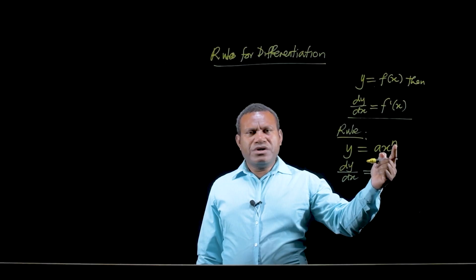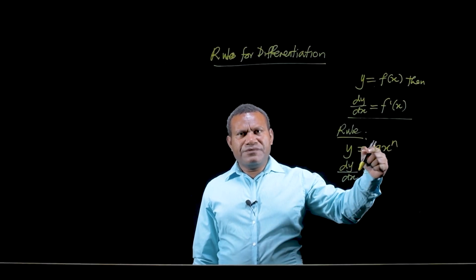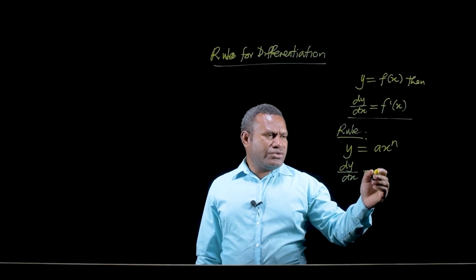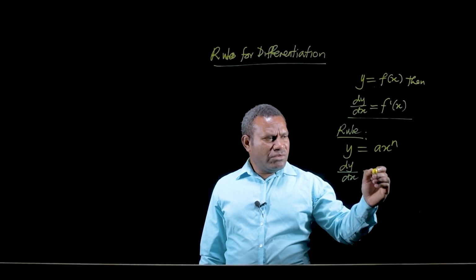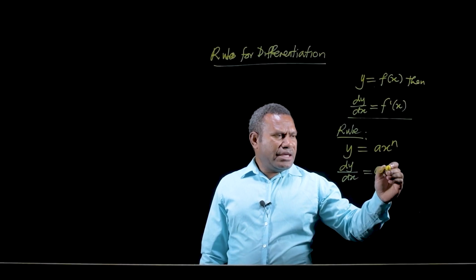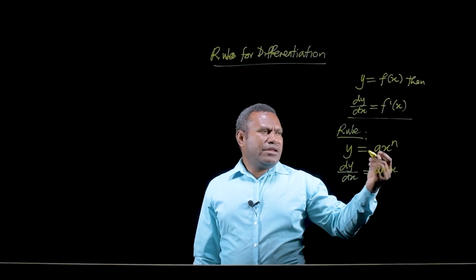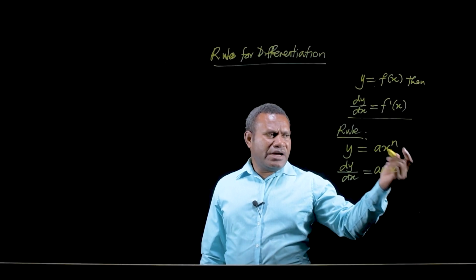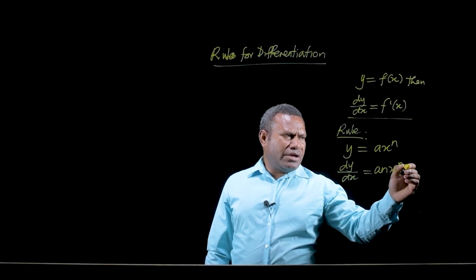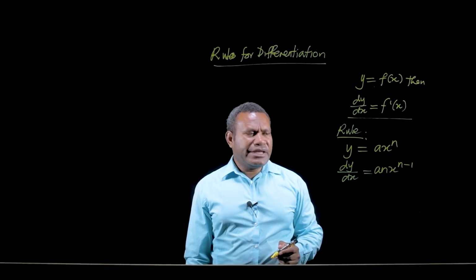You have to bring the exponent n in front and multiply by the coefficient a. So it will be simply anx raised to the power of. The next thing you need to do is to subtract 1 from the exponent n.